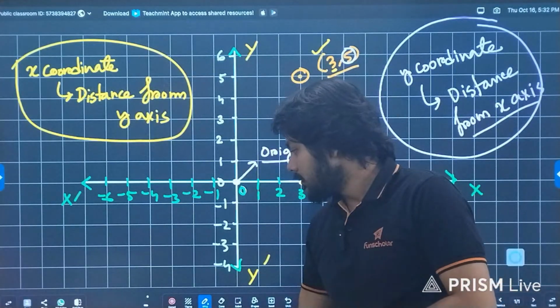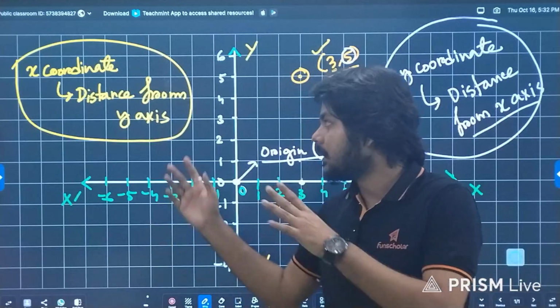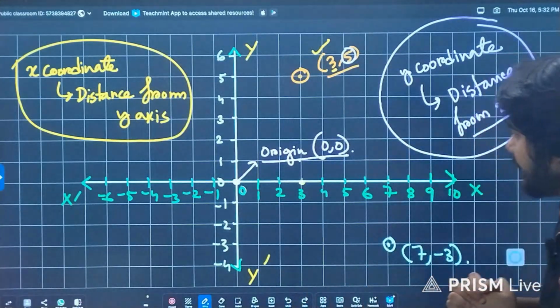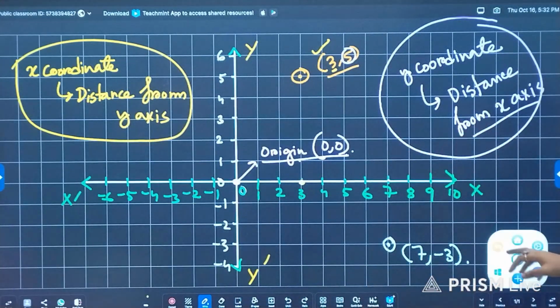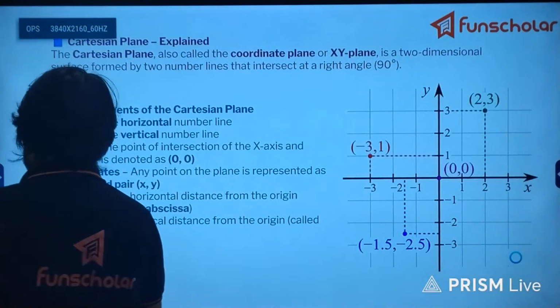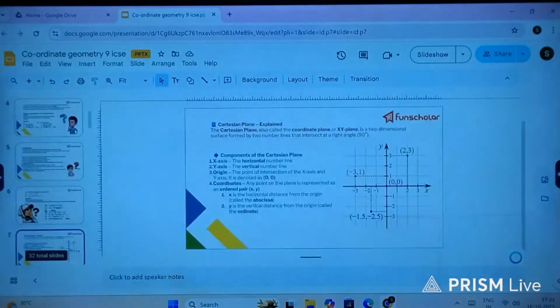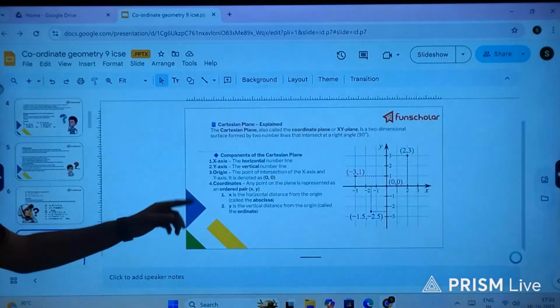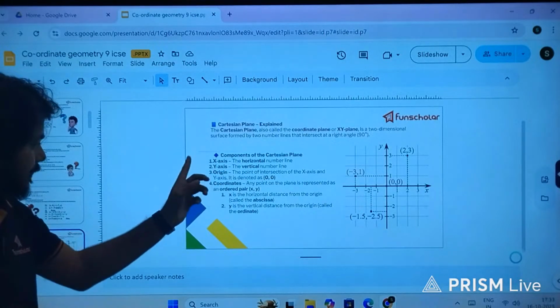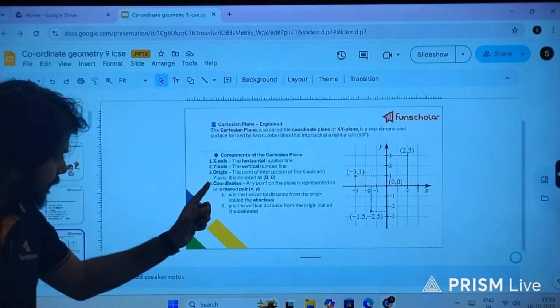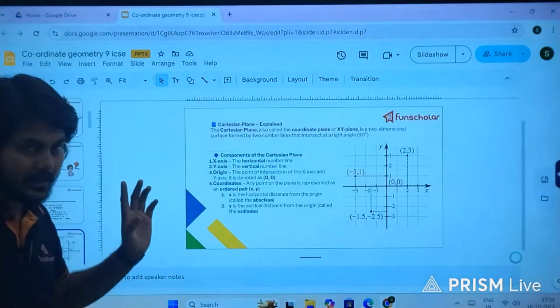So that's it. This is what we learned in our first lecture. We have learned only 7 slides: x-axis, y-axis, origin, coordinate, the meaning of x coordinate and the meaning of y coordinate.